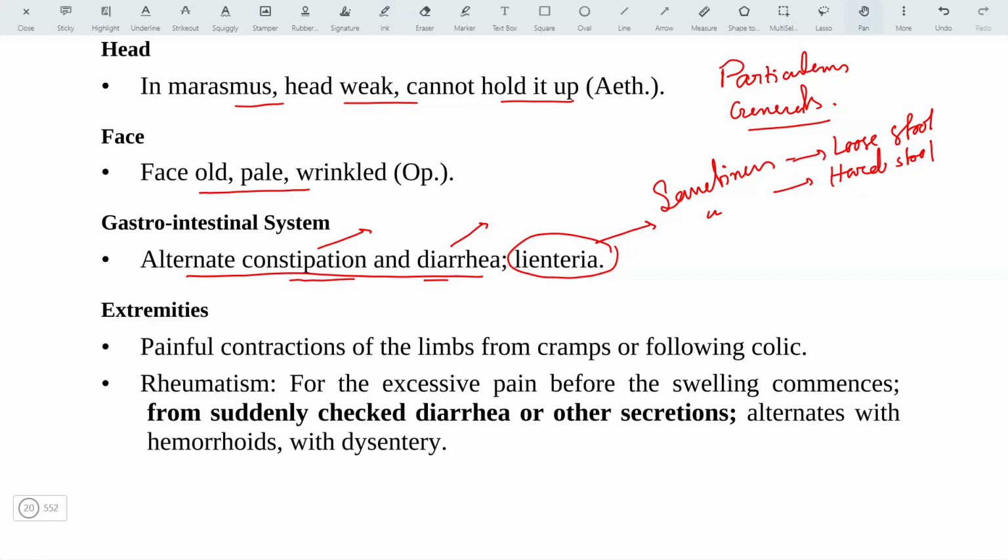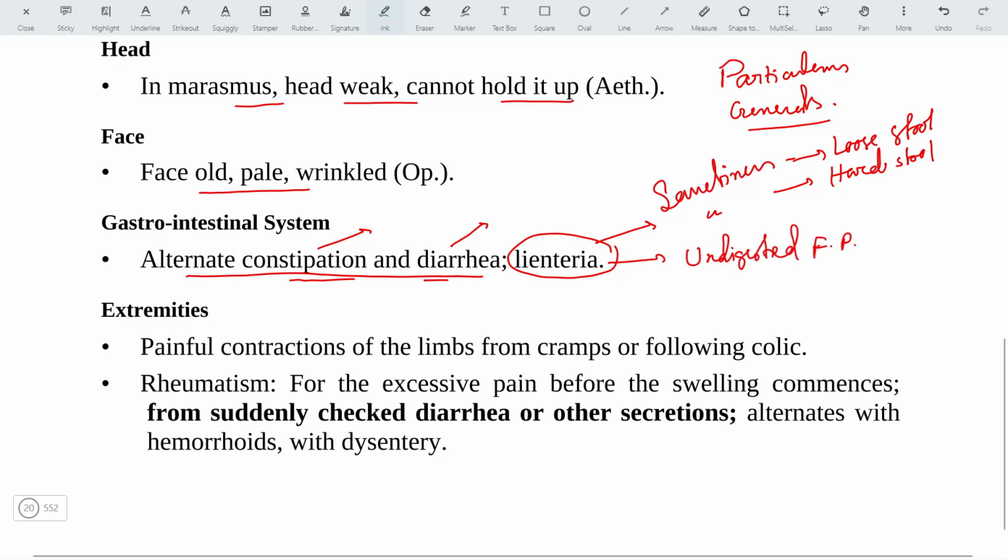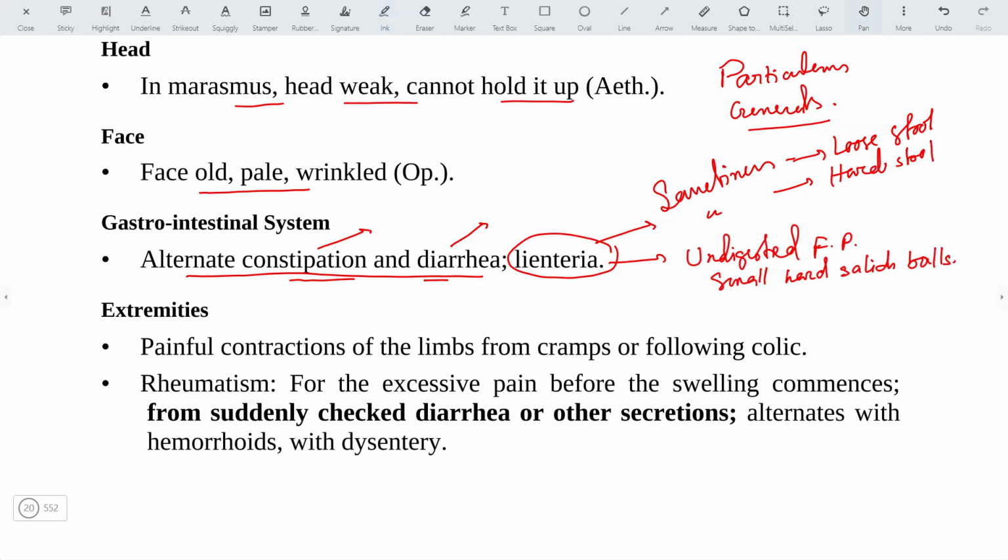No, there are loose stools. Lienteria means undigested food particles. Undigested food particles come out like small hard solid balls. These are totally undigested. Now this is the symptom. This comes from Abrotanum itself.